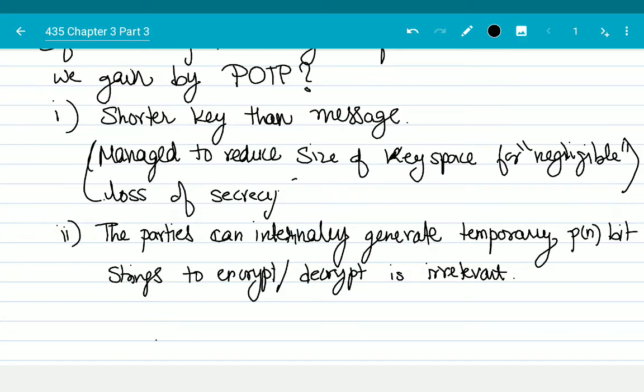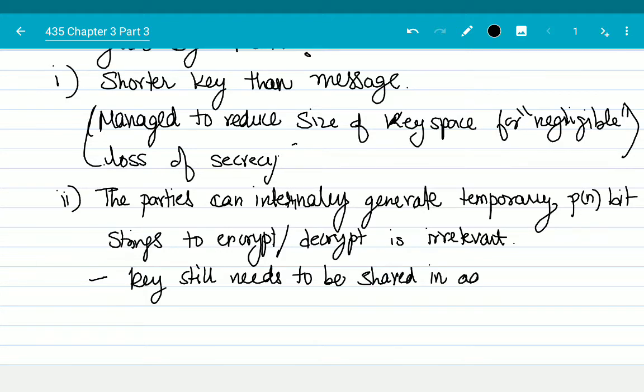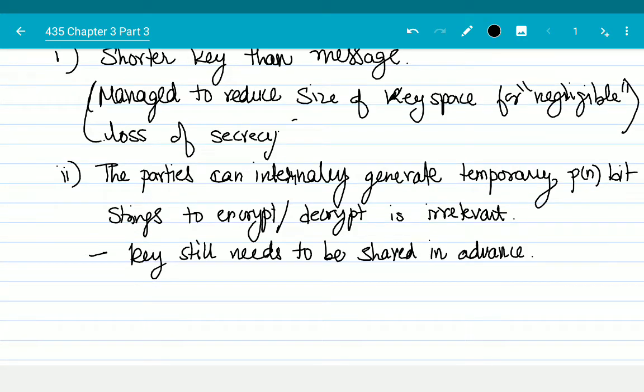As great as that sounds, oh, I have to create n-bit strings, the small problem is that we still need to share the key in advance. However, in the real world, this means you don't have to store the entire big key.